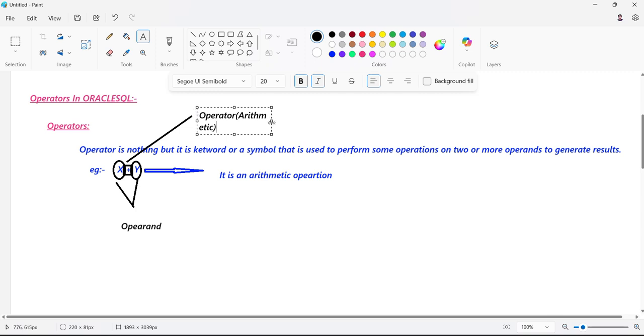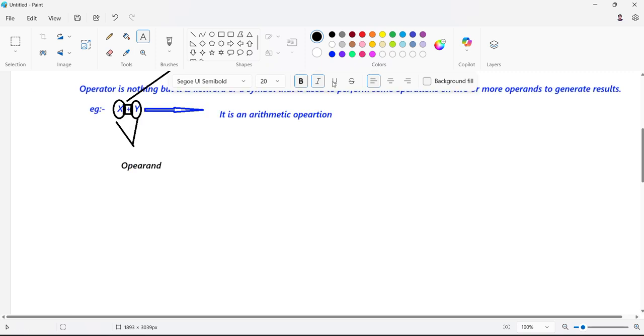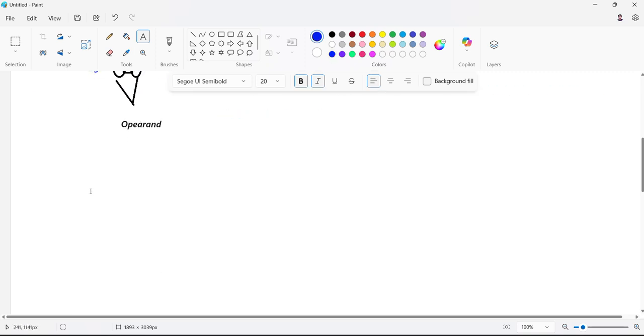So in Oracle SQL, there are so many operators available. They are discussed below. So first of all, the types of operators in Oracle SQL.